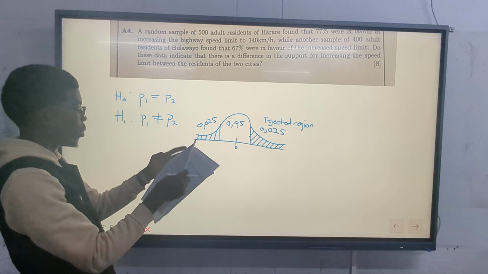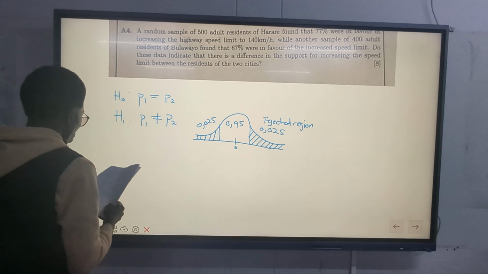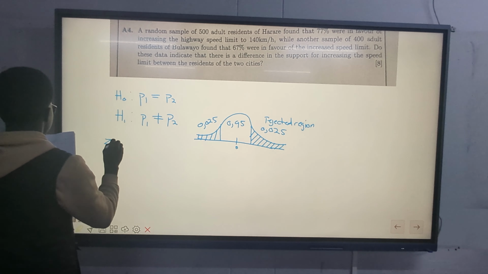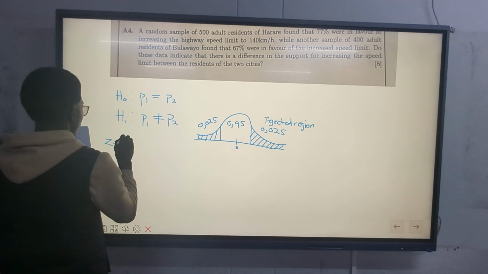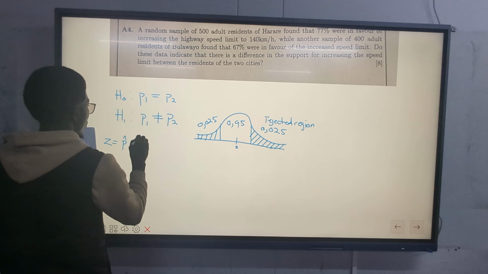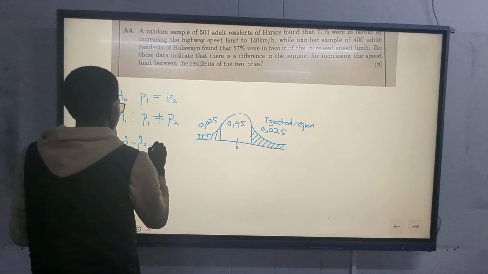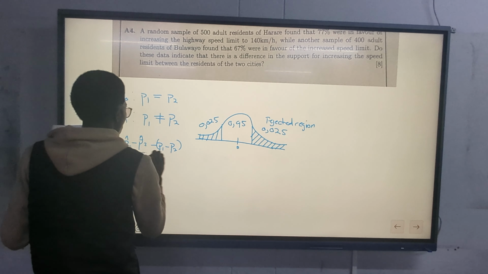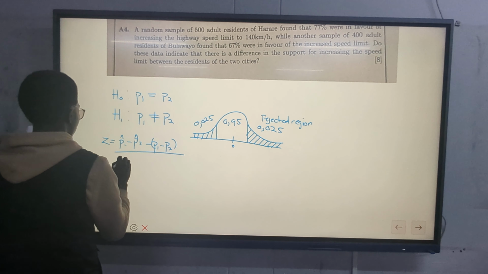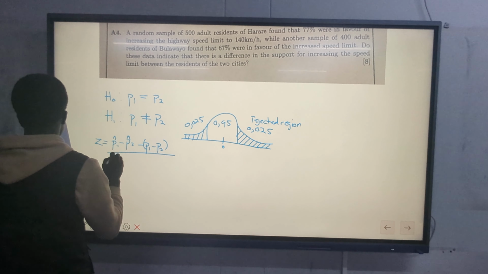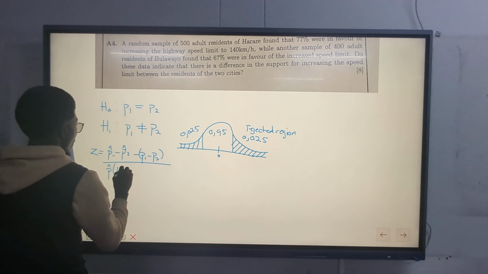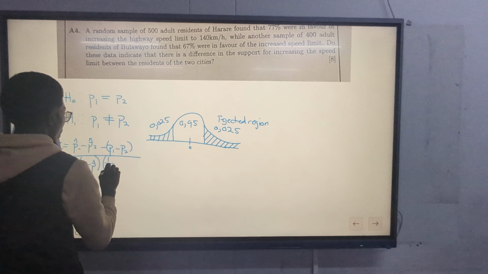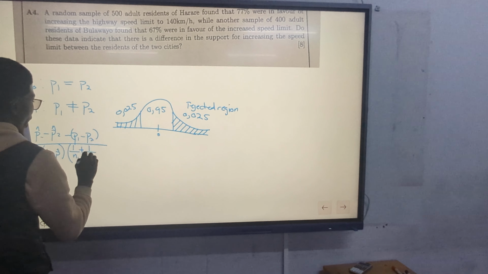So we then go and calculate our z-test formula for these two proportions. Z is equal to P hat 1 minus P hat 2, minus P1 minus P2, all over the square root of P hat open bracket 1 minus P hat close bracket open bracket 1 over N1 plus 1 over N2.